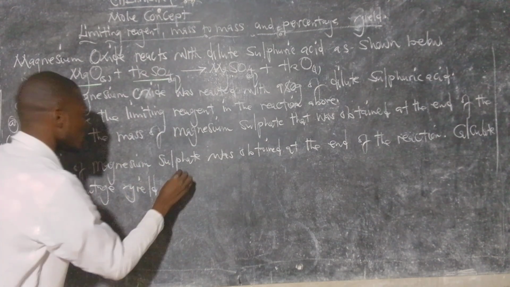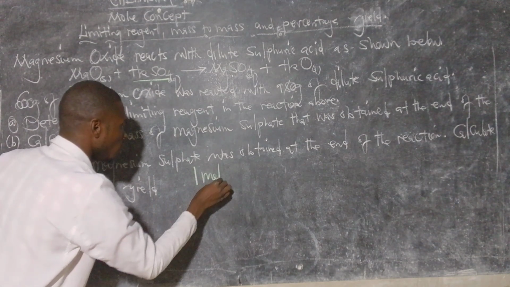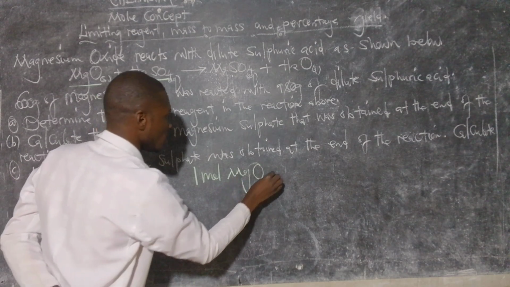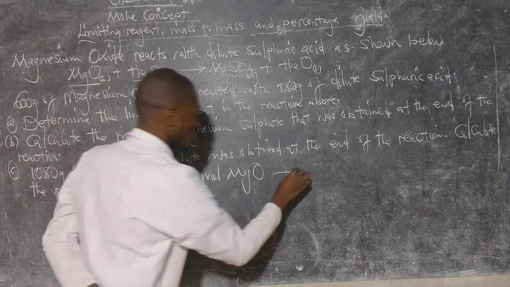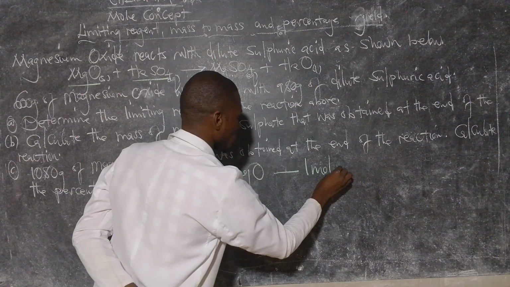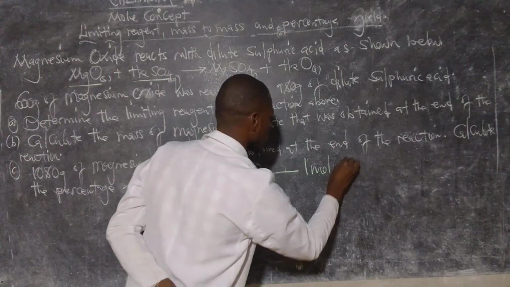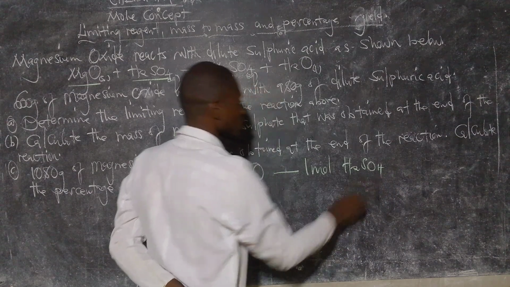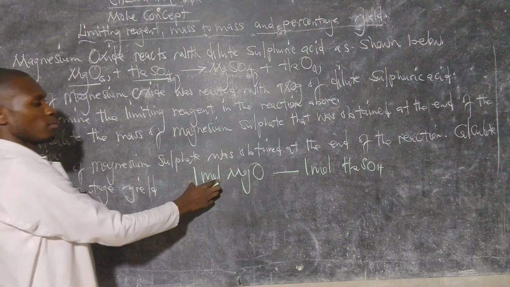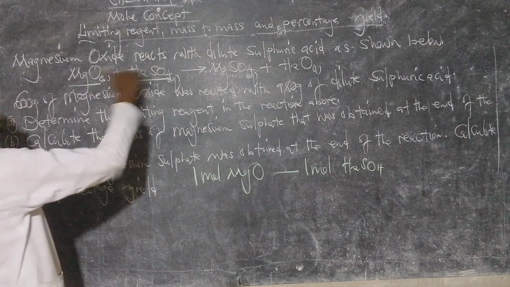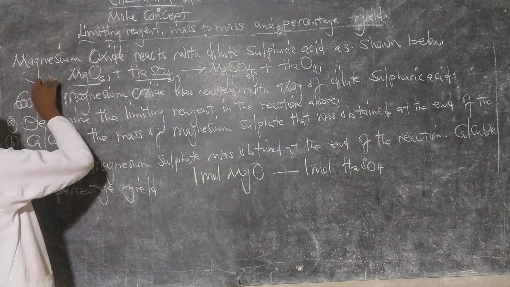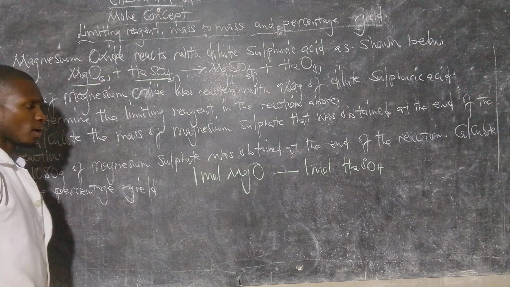So we have 1 mole of magnesium oxide and 1 mole of H2SO4, which is sulfuric acid. This 1 mole and this 1 mole come from the balanced equation.